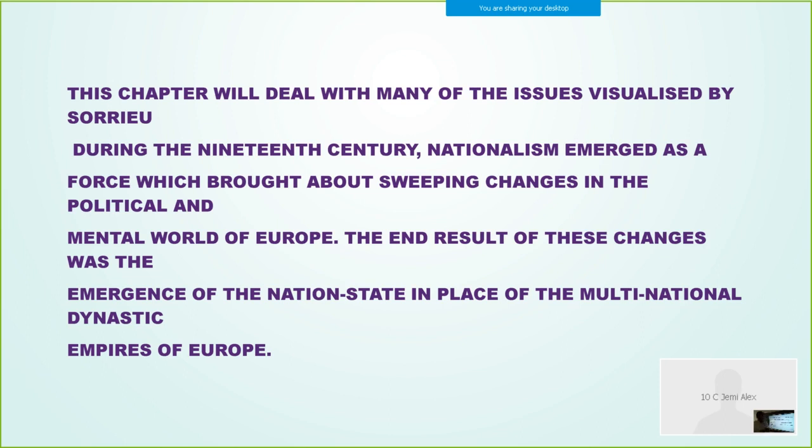It created new ideologies such as democracy. At that time democracy was just a fragile idea, and it made wide changes in the political world and in the mental world, as said in the textbook.